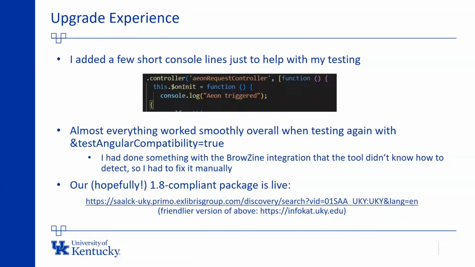And then I just went back through, did my tests with my handful of canned records I use for such things. I ran into a little bit of trouble, but it was my fault, where I had done something weird a year or two ago to get browsing and Hathi to play nice together, and the tool didn't know how to catch it. But I just went in. I needed to upgrade the version of the browsing integration I was using anyway, so that got straightened out.